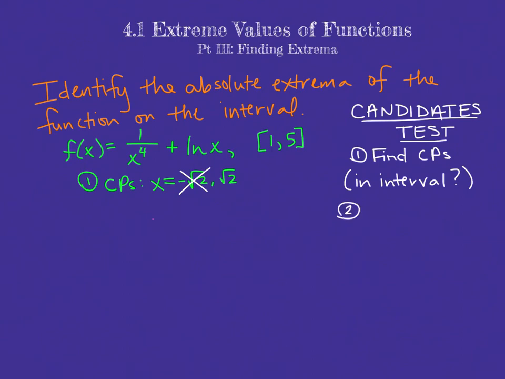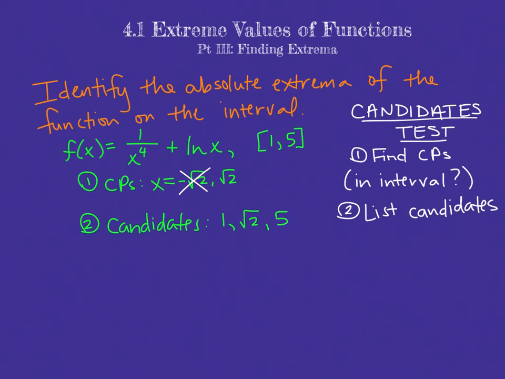So next step is to list all of our candidates. Candidates, recall from the previous examples, are the endpoints of our interval and any critical points that are in the interval. So our candidates here, we have 3 of them. Listing them in order from least to greatest would be the endpoint 1, then the critical point positive root 2, and then the second endpoint, not a root, of 5.